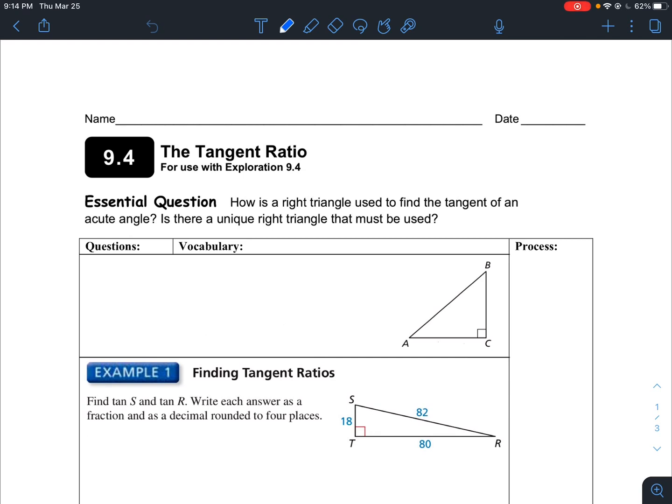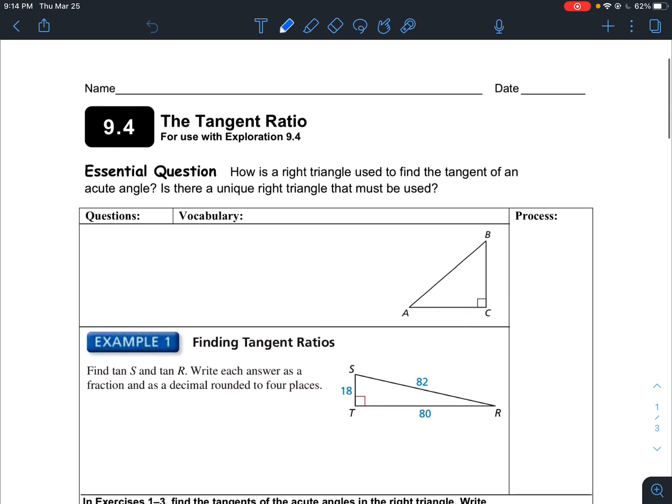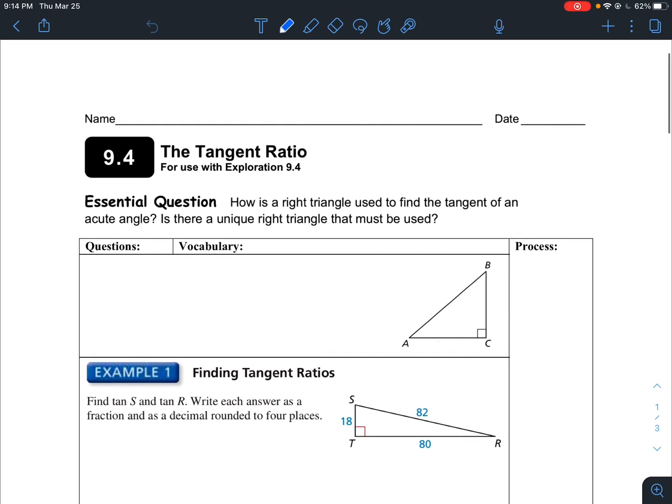And then we went to 9.2, where we talked about special types of right triangles, namely the 45-45-90 and the 30-60-90 triangle, and we talked about the ratios of their side lengths, how the ratios are always the same with any sort of triangle with those angles.